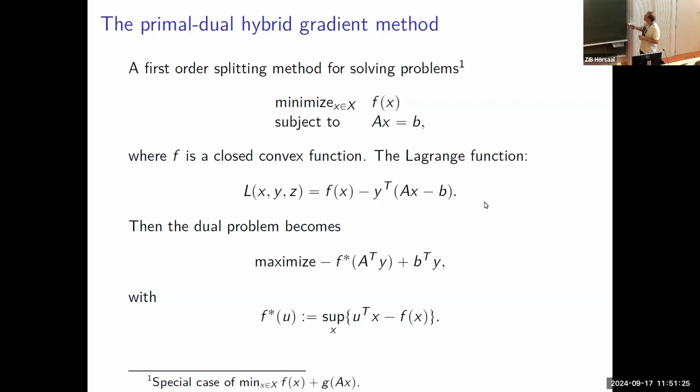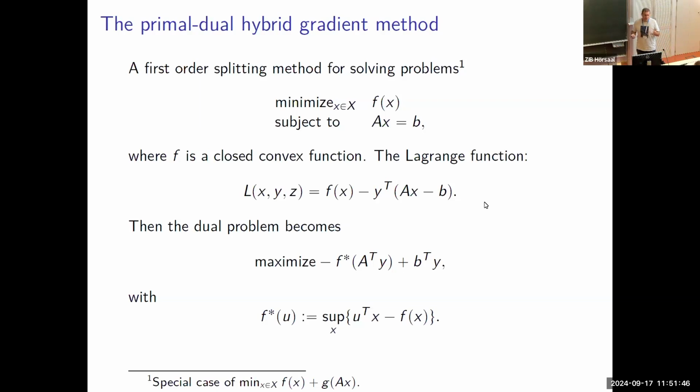So the Lagrange function for this is, of course, the objective plus y transpose times your constraints. And that gives you a dual that is just minus the conjugate function of A transpose y, plus b transpose y, where this is the definition of your conjugate function.